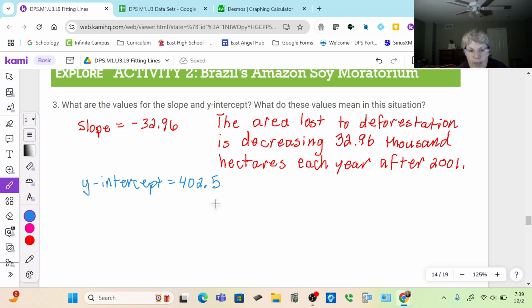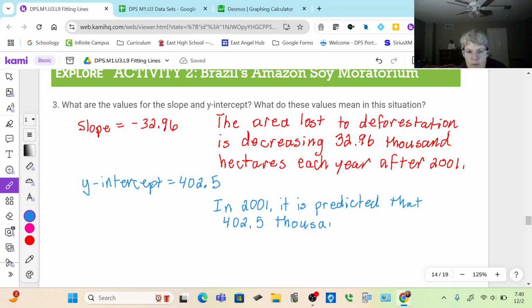So when I describe the meaning of my y-intercept, I would say in 2001, it is predicted that 402.5 thousand hectares were lost to deforestation.